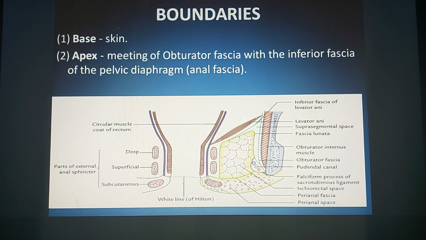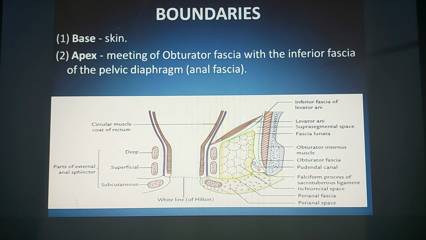Coming to the boundaries of the ischiorectal fossa. The base of this fossa is mainly formed by skin. The apex is the meeting point of the obturator fascia and the inferior fascia of the pelvic diaphragm.